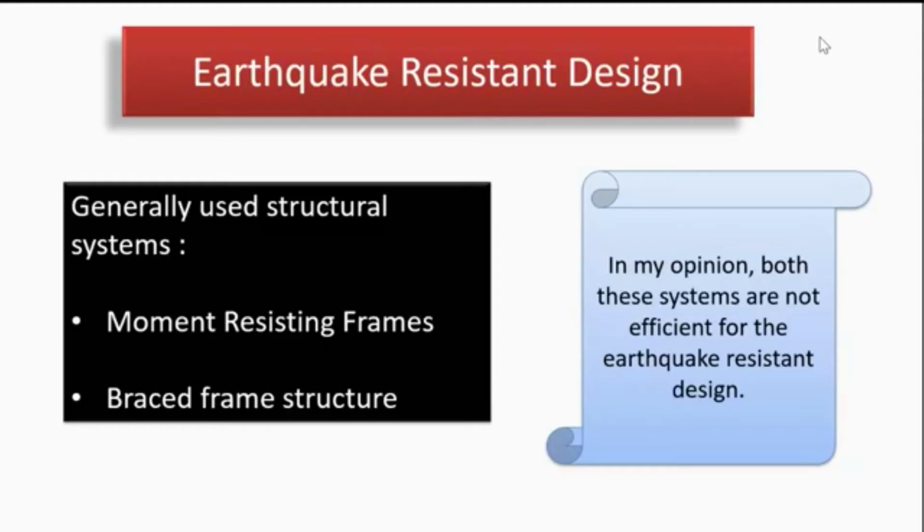Moment resisting frames are too flexible when they have to meet functional requirements, say the drift criteria. On the other hand, the braced frame structure is a relatively good system, relatively rigid compared to the moment resisting frame.